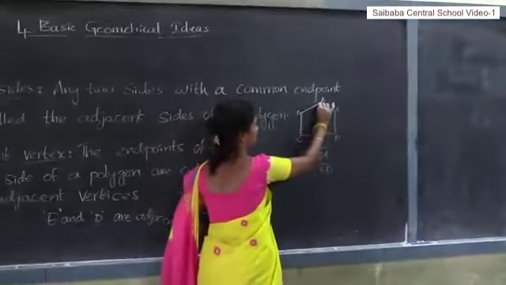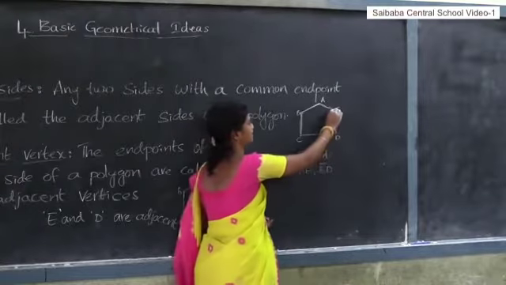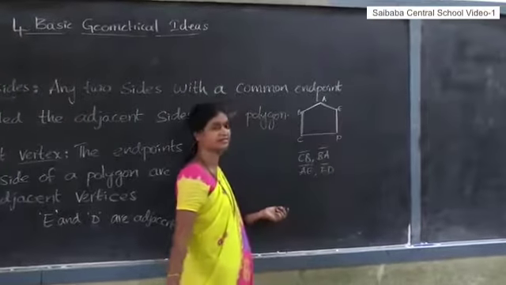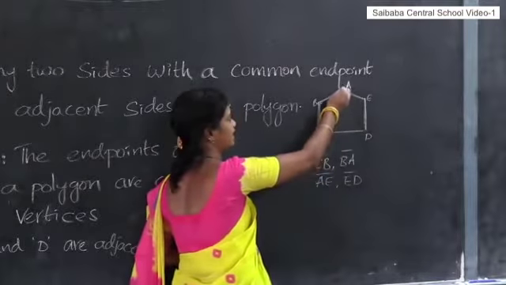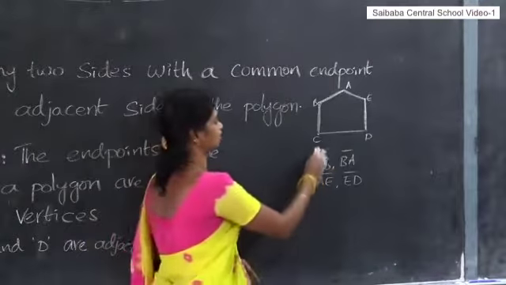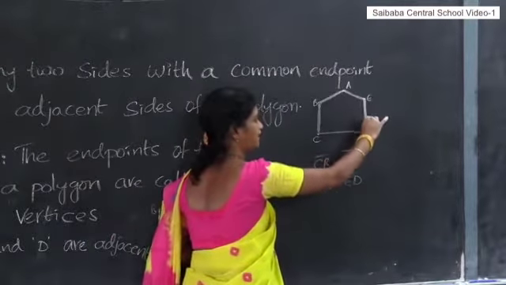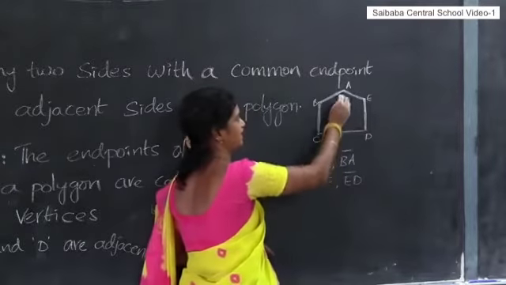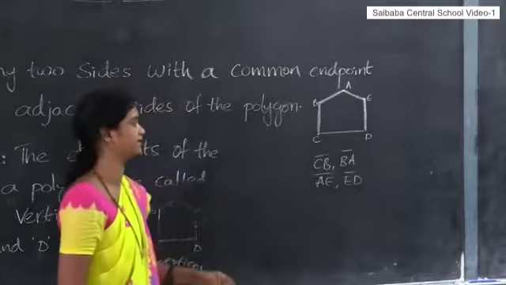For AE, two sides are adjacent: ED is called an adjacent side and AB is also called an adjacent side.